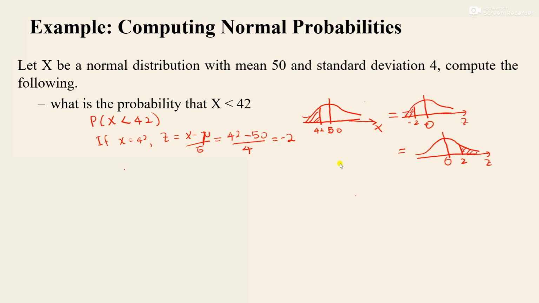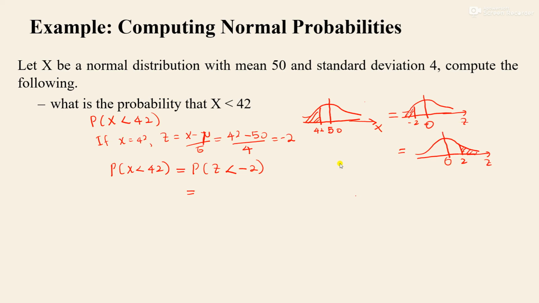So now if we come to the corresponding probabilities, probability of x less than 42 equals probability of z less than minus 2. 42 is minus 2, right? So that is equal to, if we want to get this probability, because we have the probabilities in the table between 0 to some positive value, right?